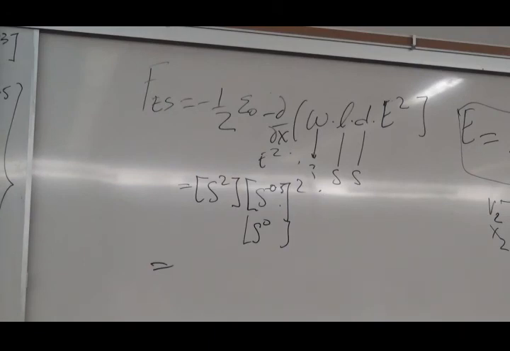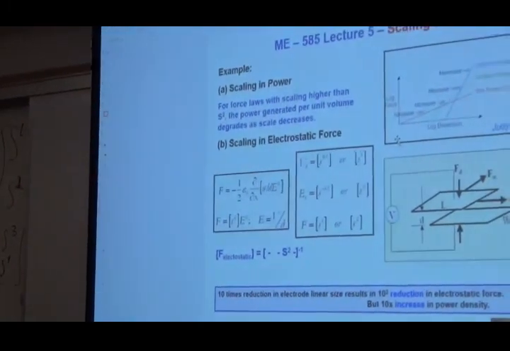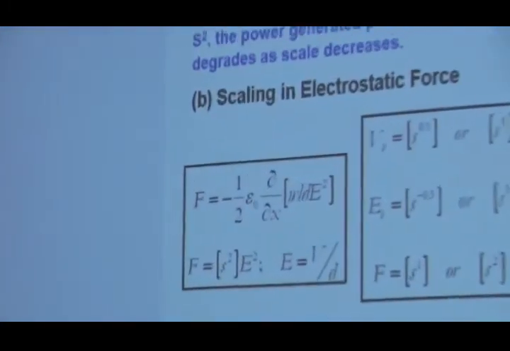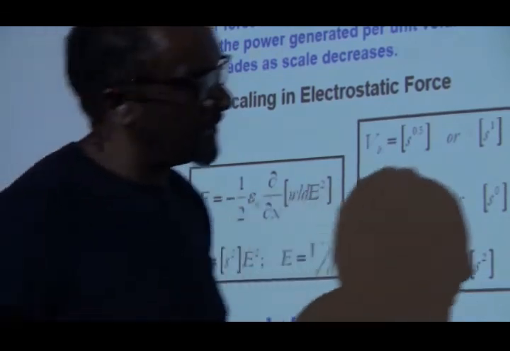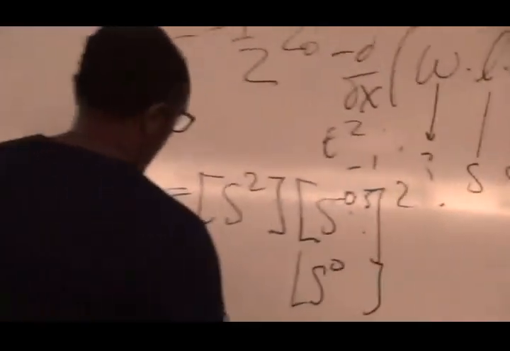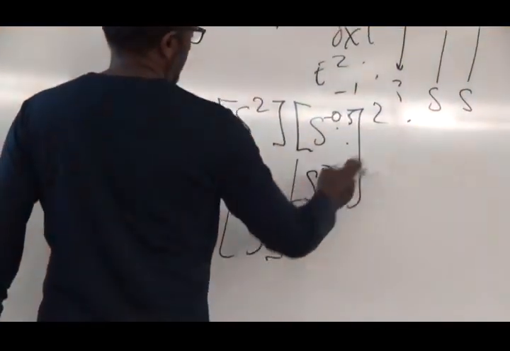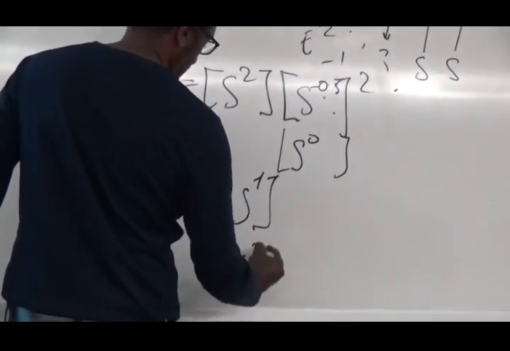Now E is minus 0.5, so if I square this, to get 1, that should be minus 1, right? Minus 0.5 times 2, that's negative 1, so that should give you S to the power 1. And this is 0, so you're going to get S squared. So F is going to scale either as S to the power 1 or as S to the power 2.